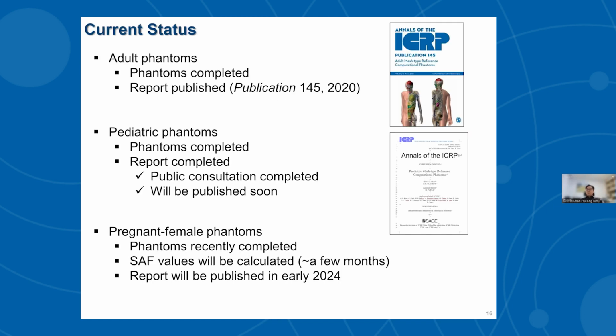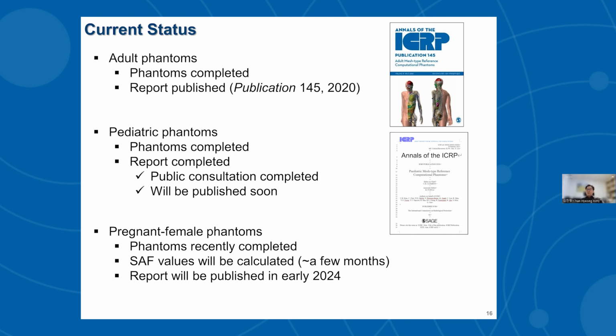This slide shows the current status of our task group. The goal of our task group is to develop a full set of mesh-type reference computational phantoms, which include adult phantoms, pediatric phantoms, and pregnant female phantoms. For adult phantoms, the phantoms were completed, and the report was published as ICRP Publication 145 in 2020.